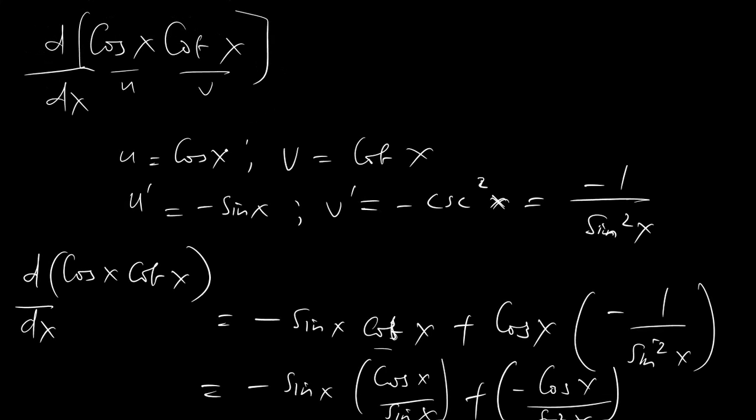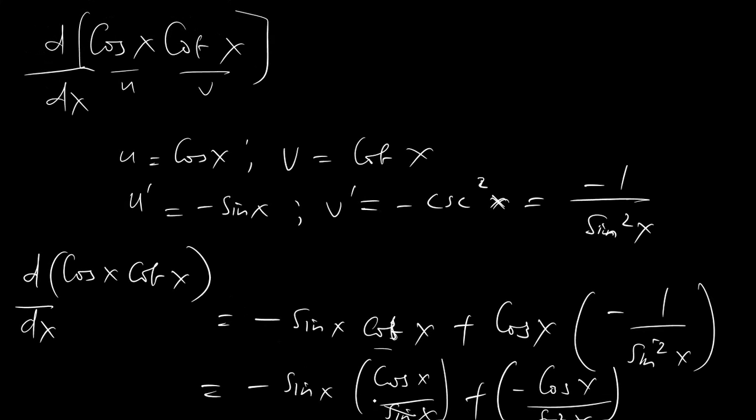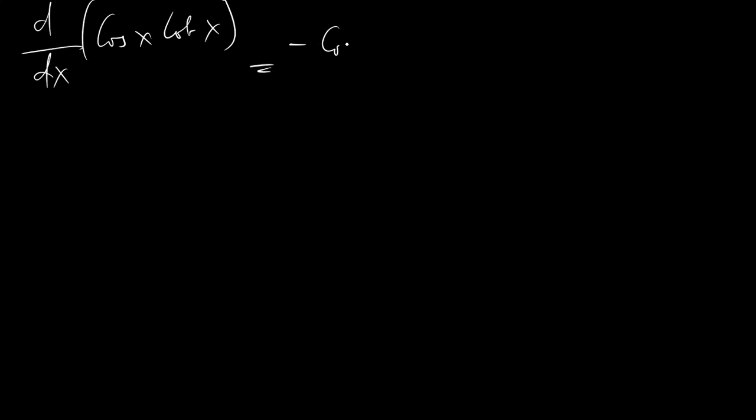So that means the derivative of cos x cot x will be equal to, this sine x will cancel out the sine x here, so you have minus cos x, then minus cos x all over sine square x.